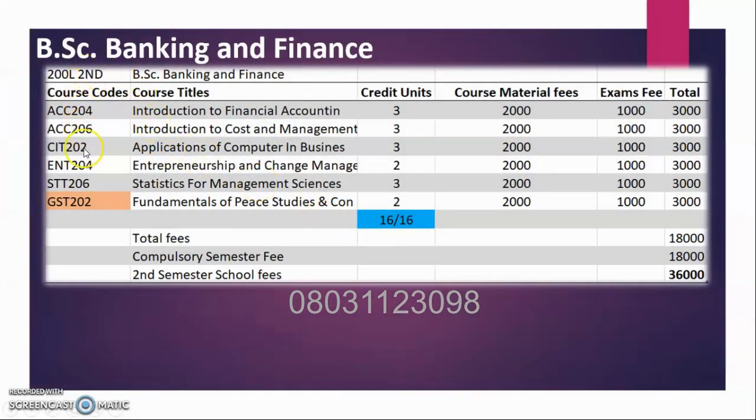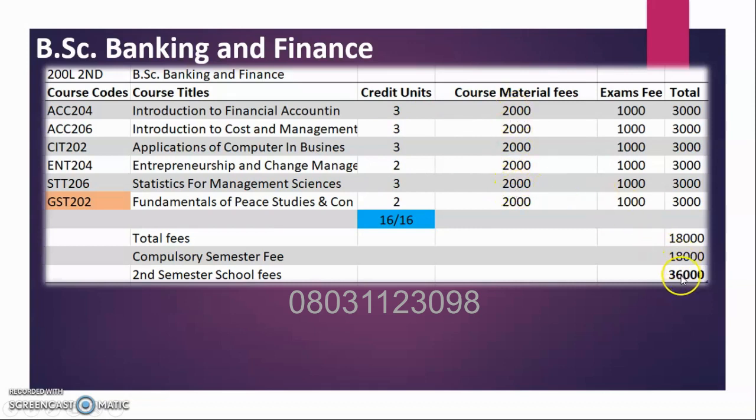200 level second semester, you have these courses to register, all and pass all. Although you can see I made a mistake here. This is supposed to be 2,500 each for 3 unit courses. So we're about 2,000 naira short here.